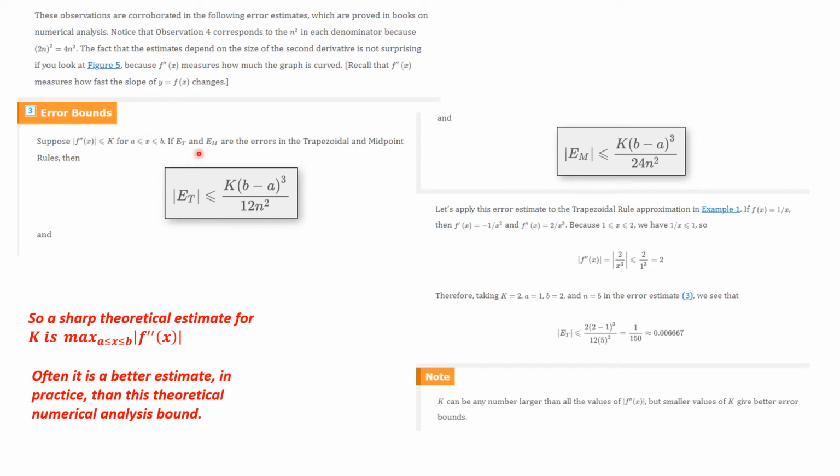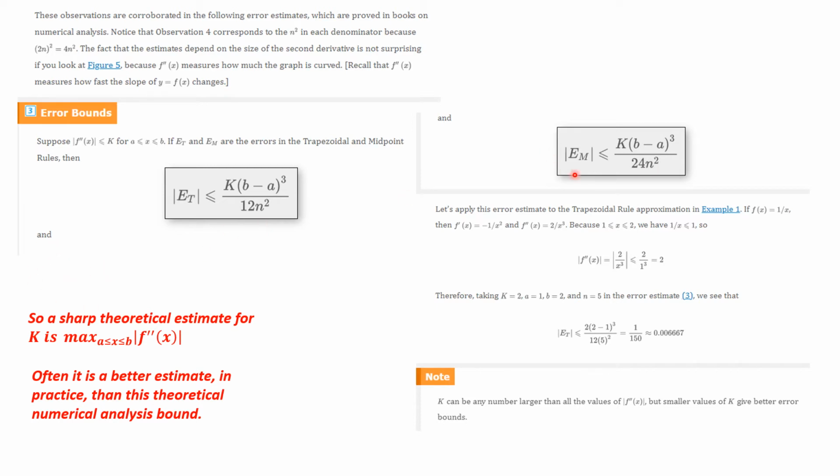So if E_T and E_M are the errors in the trapezoidal and midpoint rules respectively, as we were talking about, then the absolute value of the error in the trapezoidal rule is less than or equal to K times (b minus a) cubed divided by 12n squared.